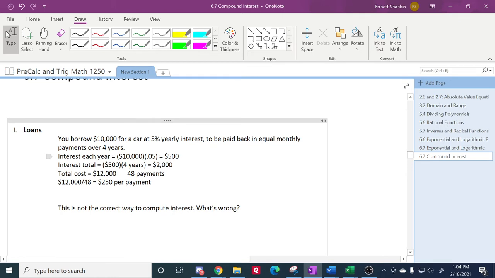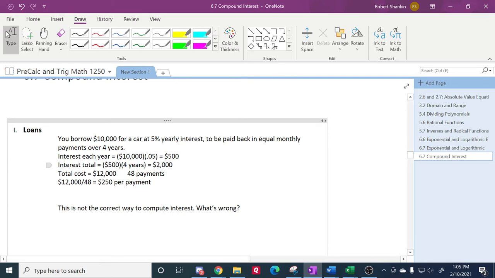The interest each year is $10,000 times 5%. And if you multiply these two with your calculator, you do get $500. The interest total then. So you're going to be paying $500 a year in interest. And yeah, you're paying it back over 4 years.